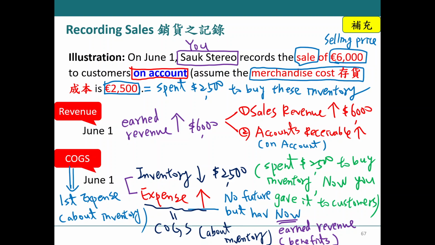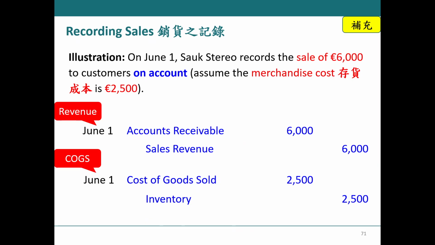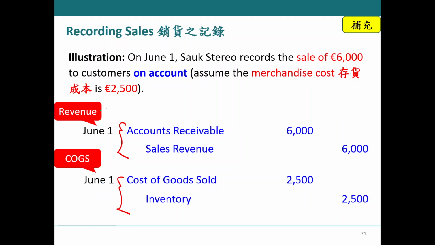Okay, are you done? If you finish, you can double check your answers right here. First journal entry about revenues. Second journal entry about cost of goods sold. So remember, think about first journal entry about revenues. So it is the revenue you earned from customers, right?